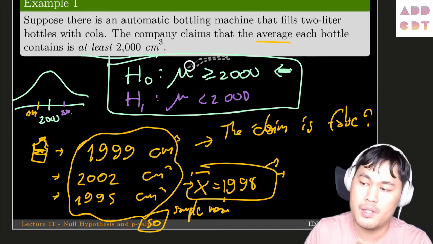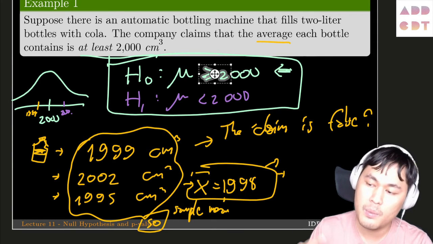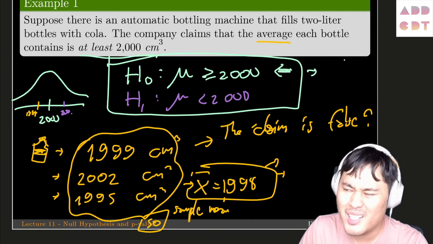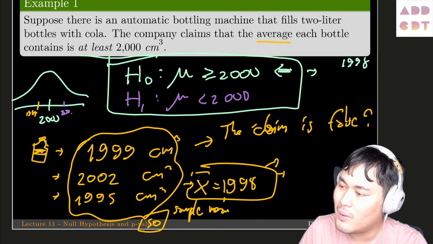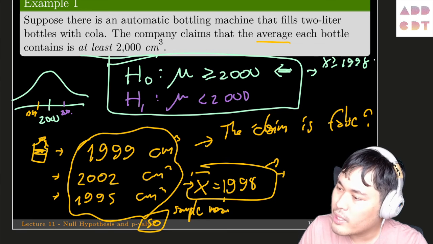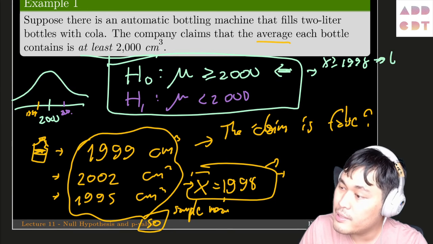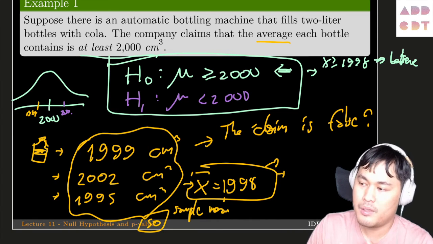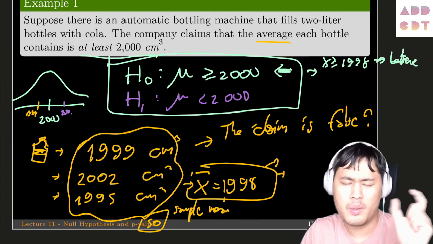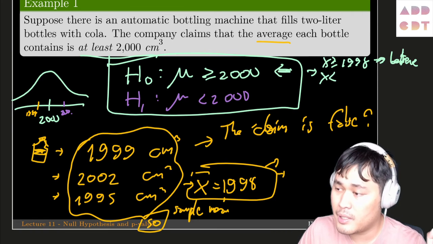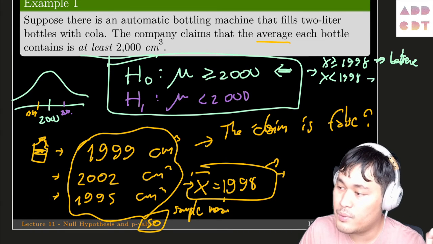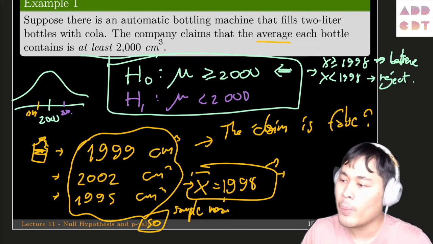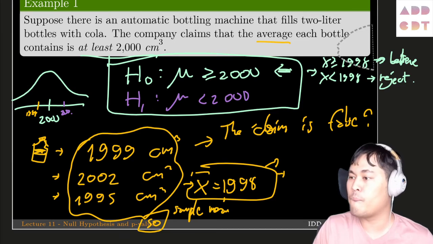So if you believe it is at least 1,000, we must say beforehand that if it is 1,098 or higher, then we can still believe the claim. Once again, maybe you must allow for some error. And if it is less than 1,098, then we reject and we call that company out. So this is what we have to settle beforehand.